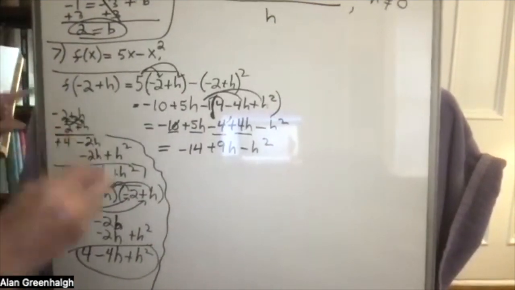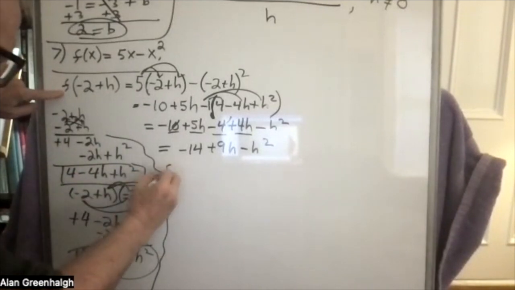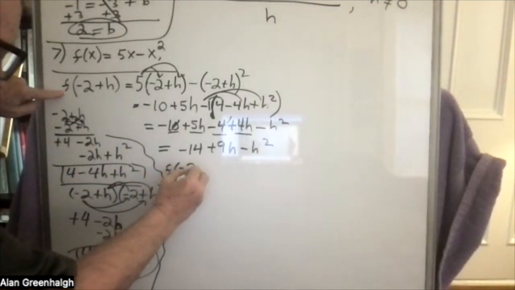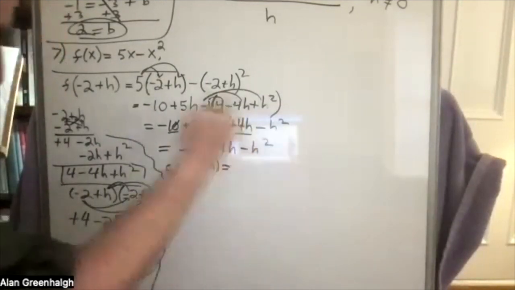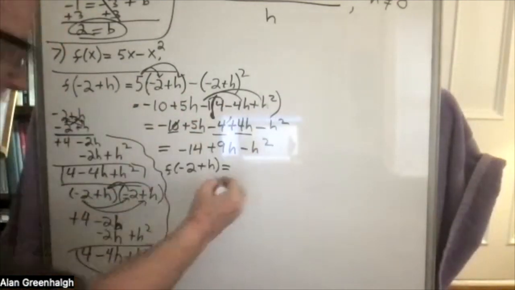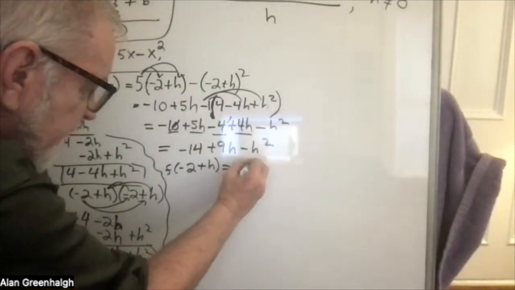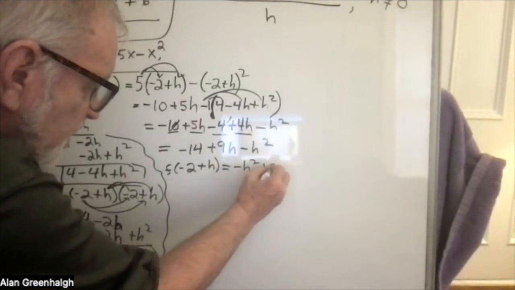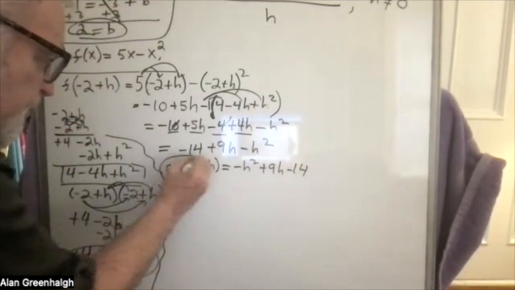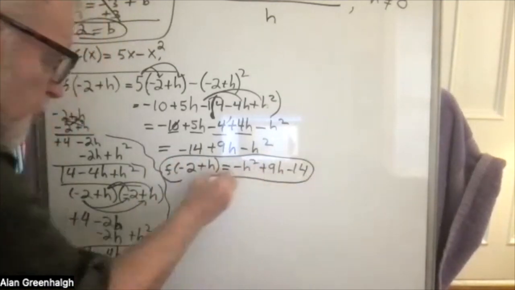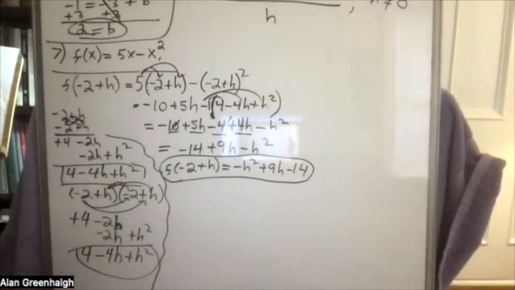So what we just found out is that f of negative 2 plus h is equal to, let's turn it around, negative h squared plus 9h minus 14. This is very, very, very, very important.